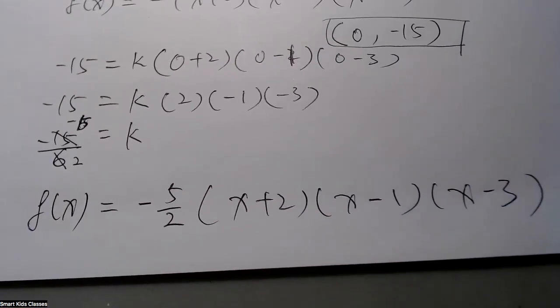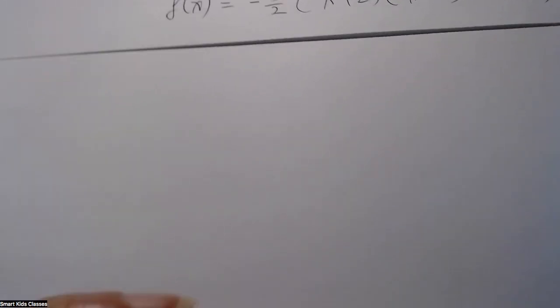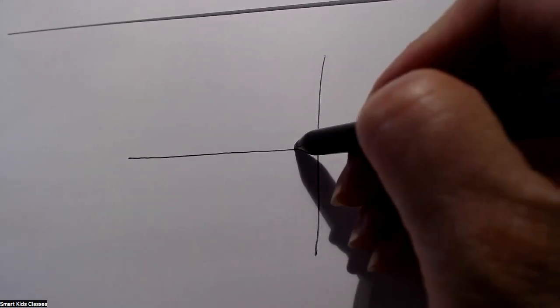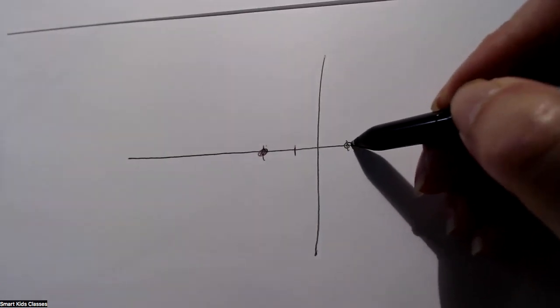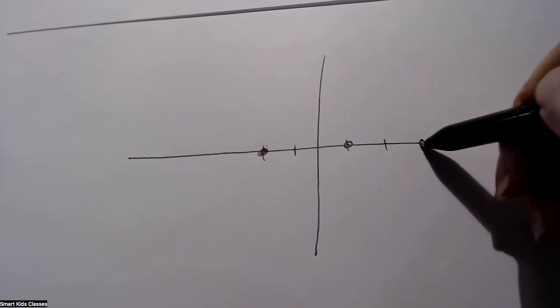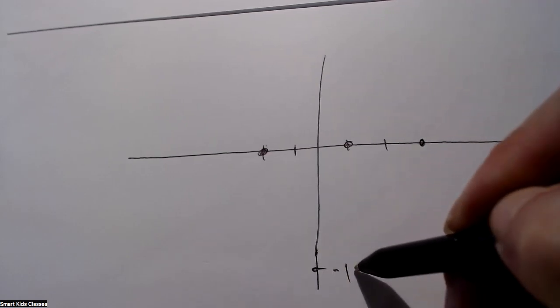So this is a family function, and as a continuing part we're going to plot the graph. We're going to draw it and find all the x values: x equals -2, 1, 3. The y-intercept, when x equals 0, is -15.